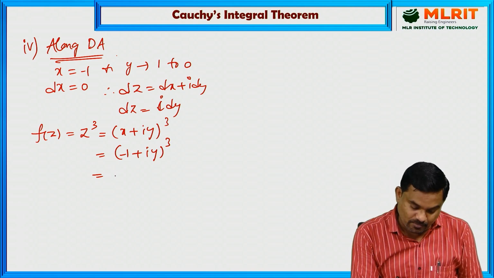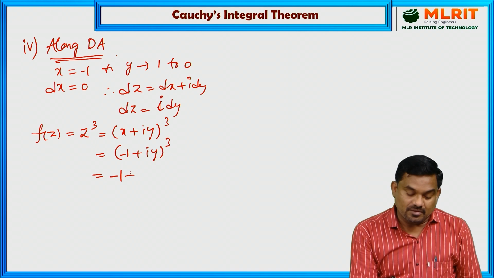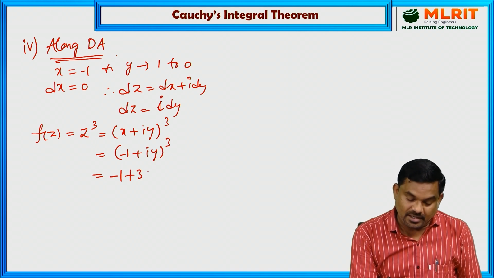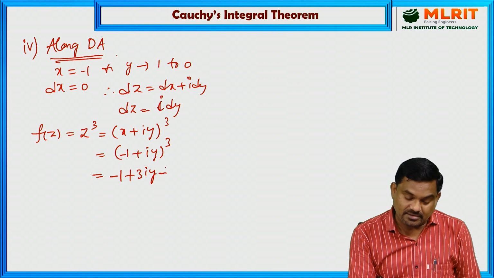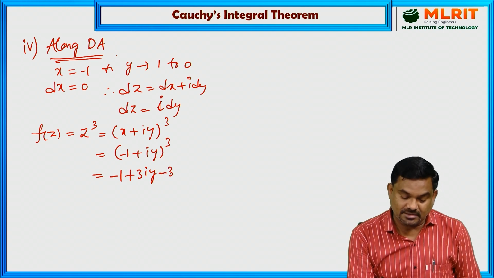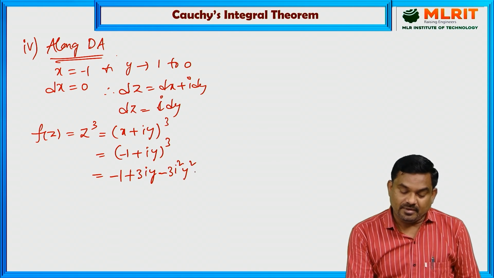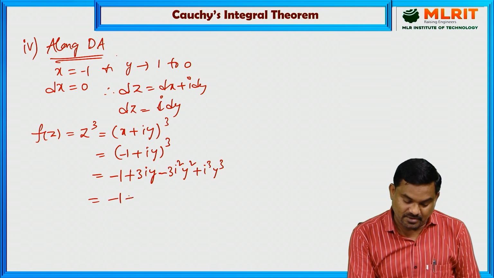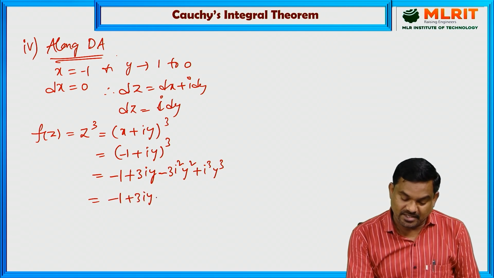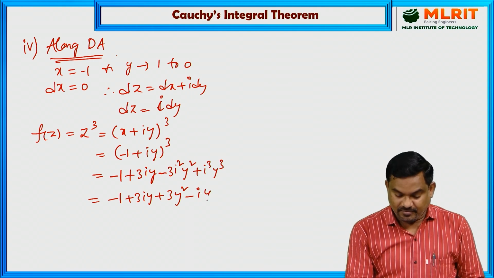So here a cube, so minus 1 whole cube, minus 1 plus 3a square b, so plus 3a square b, iy plus 3ab square, since we have minus here, minus 3ab square, i square y square, plus i cube y cube. So by simplifying this, minus 1 plus 3iy, i square is minus 1, so plus 3y square, i cube is minus i y cube.